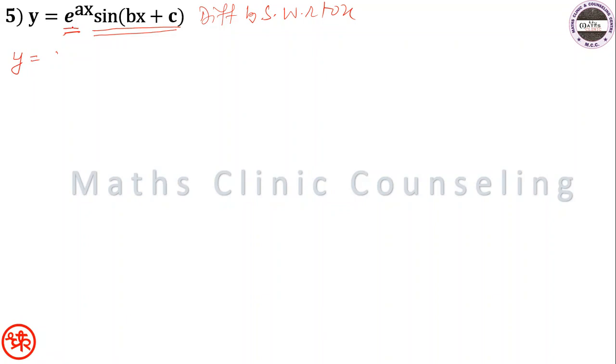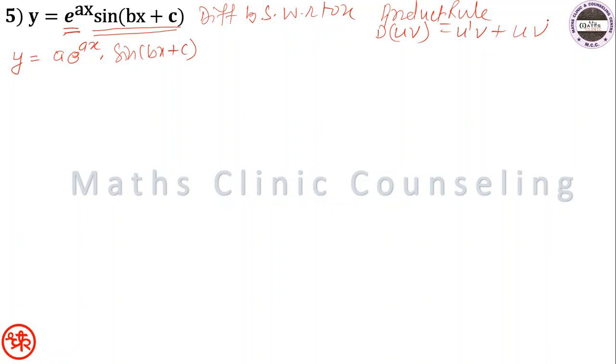What will the derivative of e to the power ax be? a into e to the power ax into sin of bx plus c. Okay, what is the product rule? Product rule: d of uv is equal to u dash v plus u v dash.